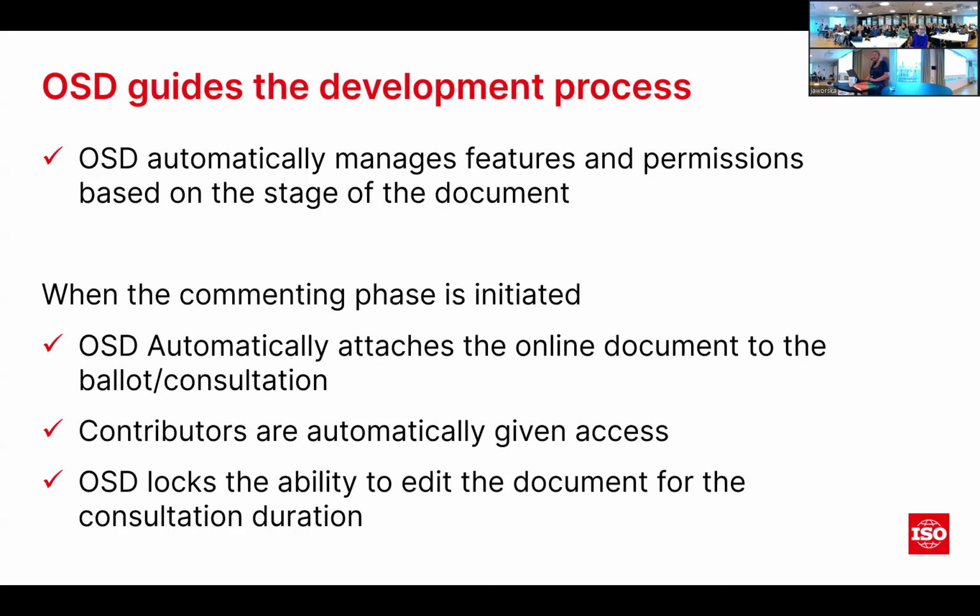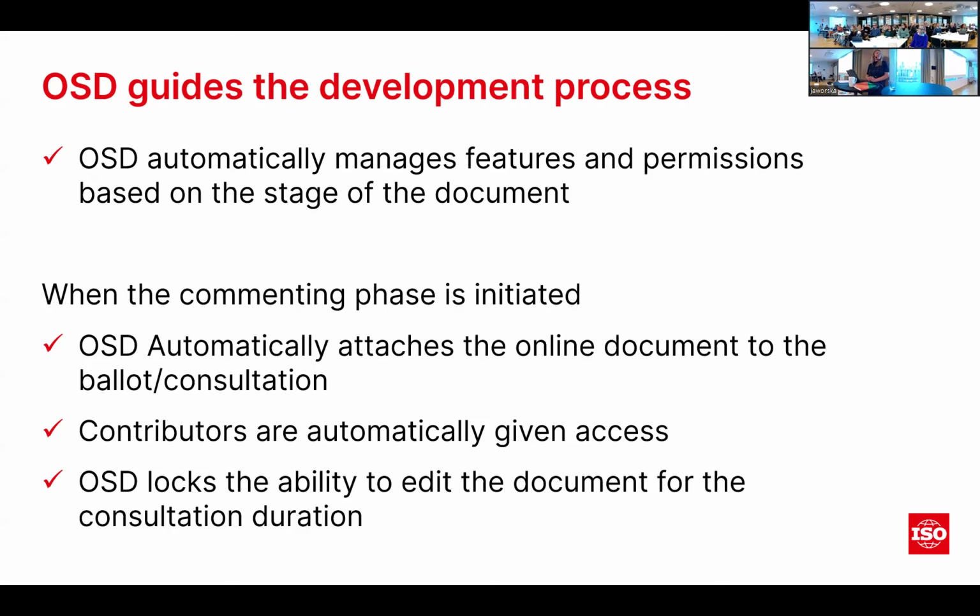One of the guiding principles in the development process is that OSD automatically manages the features and the permissions based on the stage of the document, which we've shown you how that works in the OSD. So again, you have your working group members that are in the global directory. Permissions are assigned by the leaders to the online document, and then you can collaborate based on the roles and permissions you have assigned to the document.